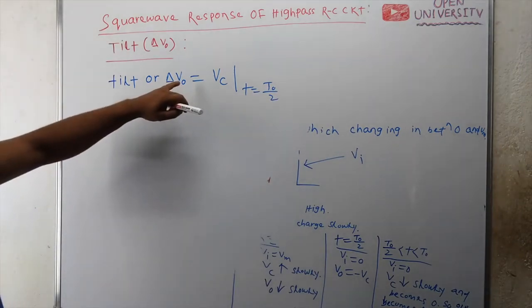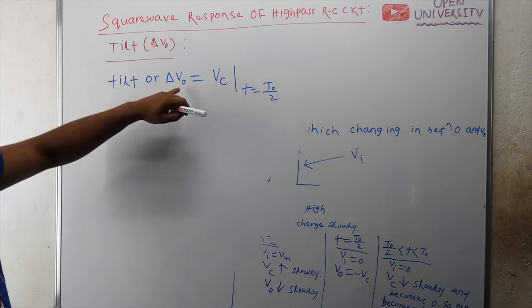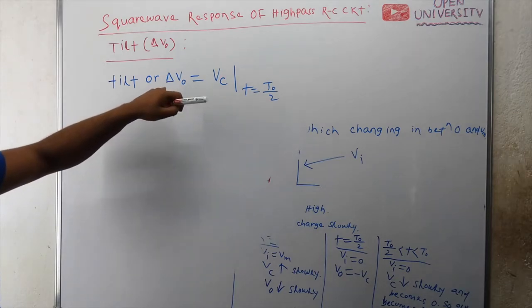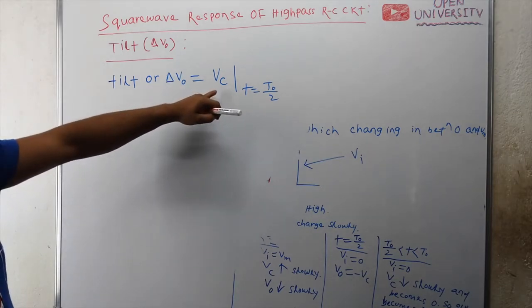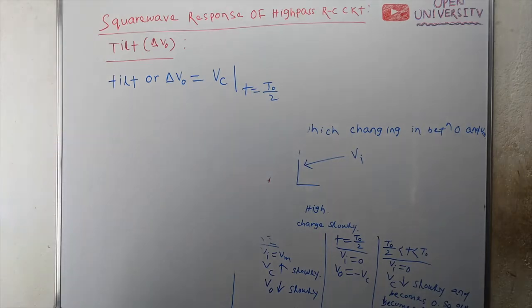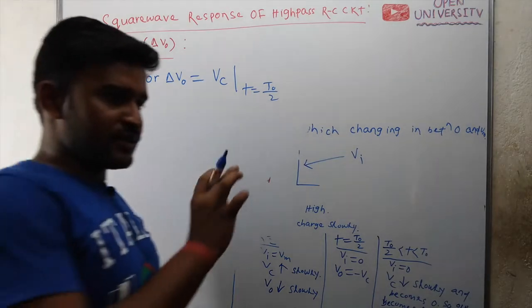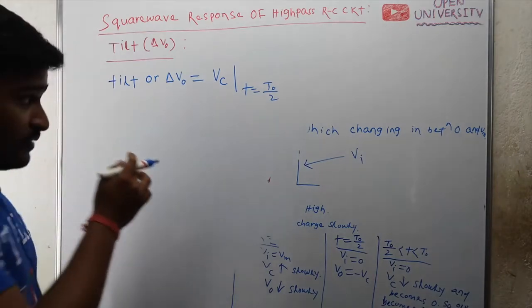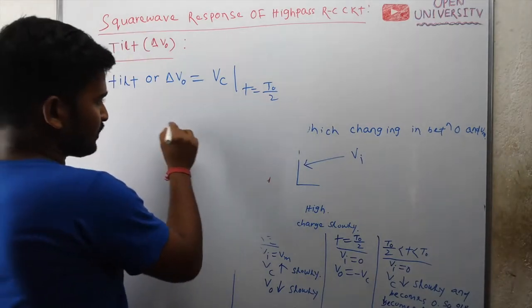Amount of voltage decrease, output voltage decrease is nothing but voltage across capacitor at t equal to t naught by 2. The tilt is nothing but Vc at t equal to t naught by 2.